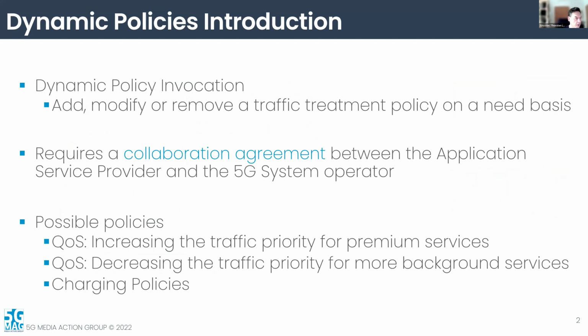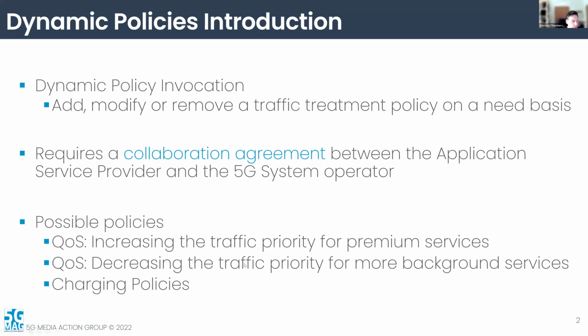These types of things generally require a collaboration agreement between the application service provider and the 5G system provider, because, of course, resources are used a bit differently. And in that sense, the general assumption is that something needs to be in place between the service provider and the system provider.